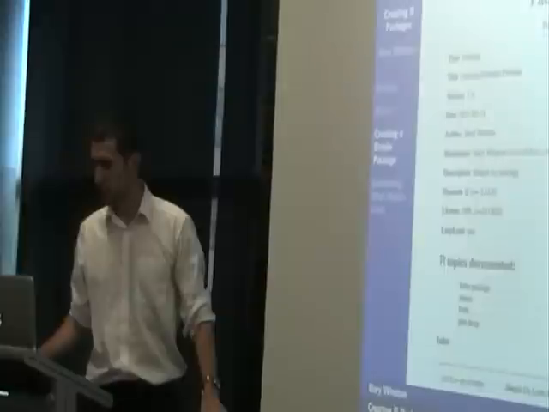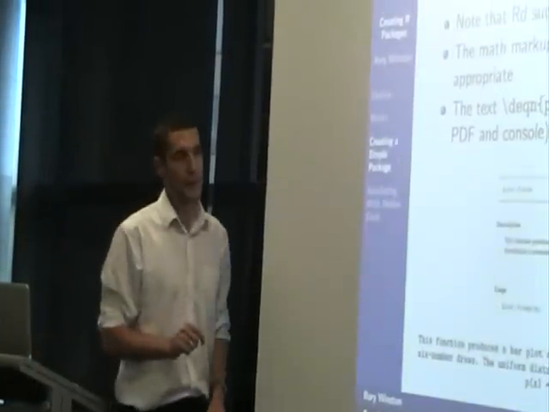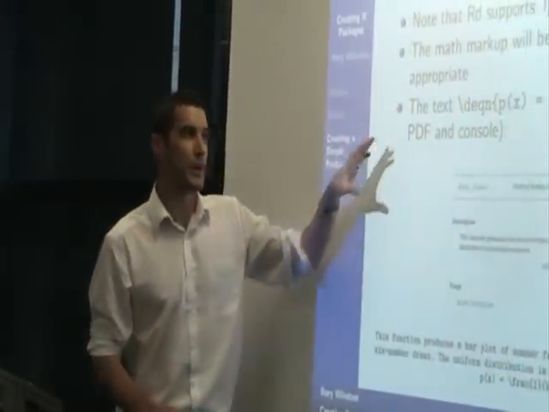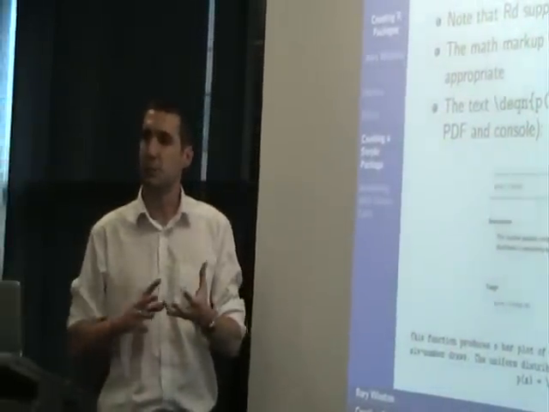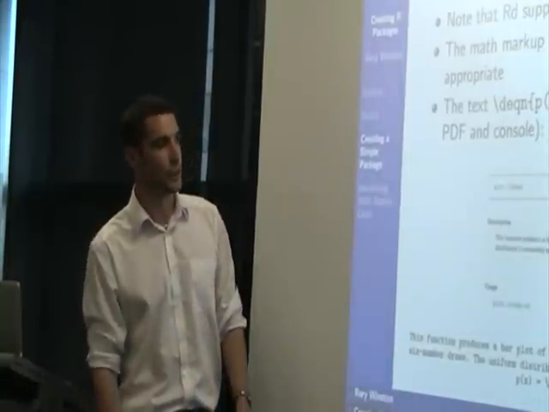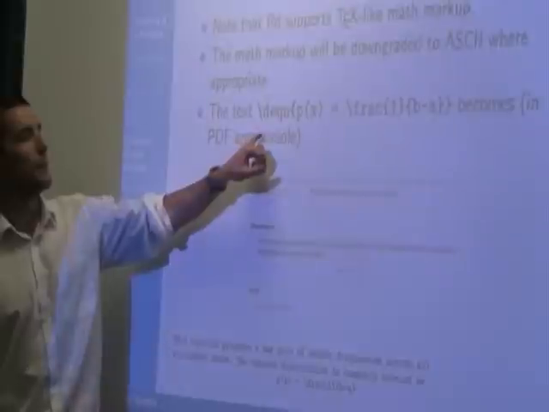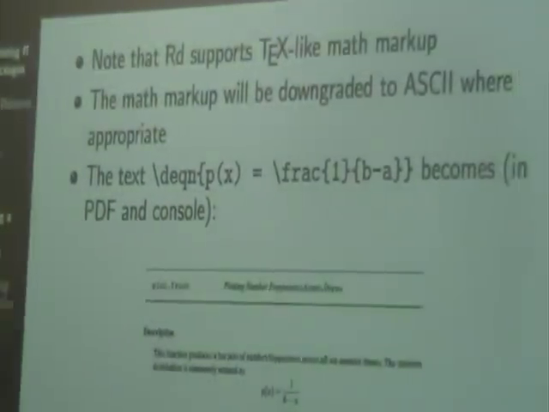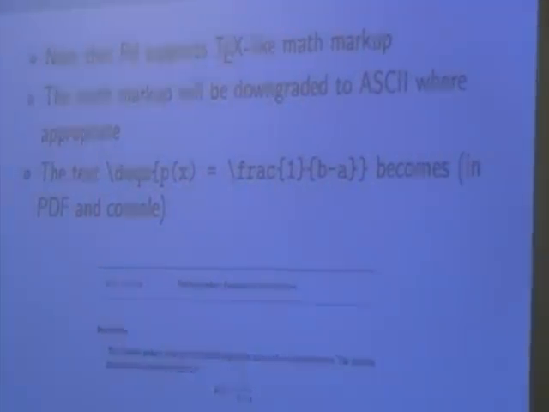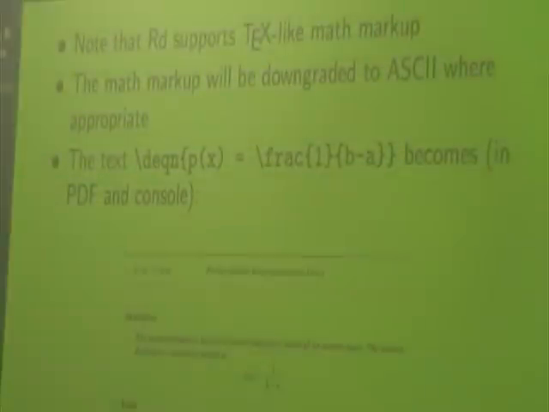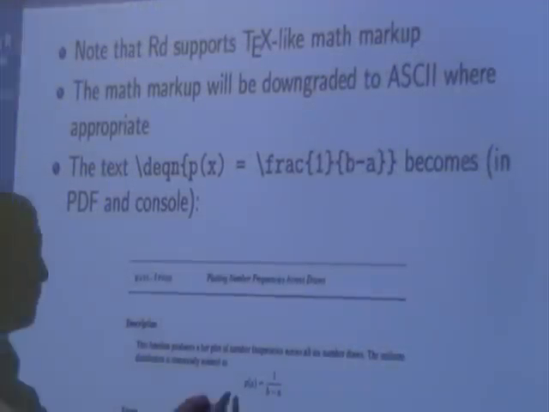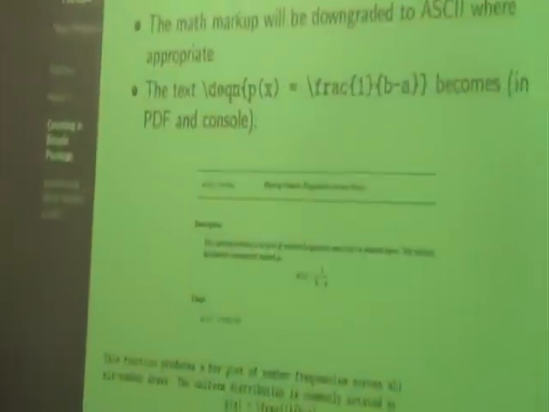So that is a package, and it's also got some quite neat features. It's kind of smart about certain things. So for instance, you can put some mathematical markup into your help files, and when they're generated in PDF format, they'll use the very nice LaTeX representation, so all your equations look nice and all that kind of stuff.